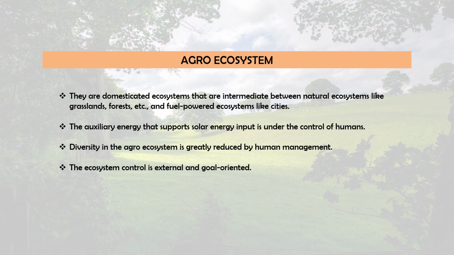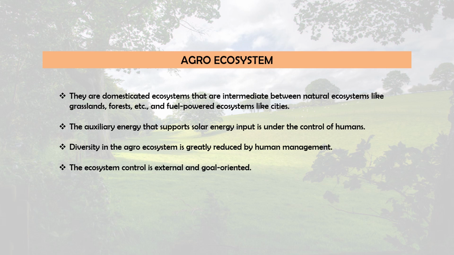They are solar powered as are natural ecosystems, but they differ from natural ecosystems in some ways, like the auxiliary energy that supports the solar energy input is under the control of human, and it consists of human and animal labor or fertilizers, pesticides, fuel powered machinery, etc.